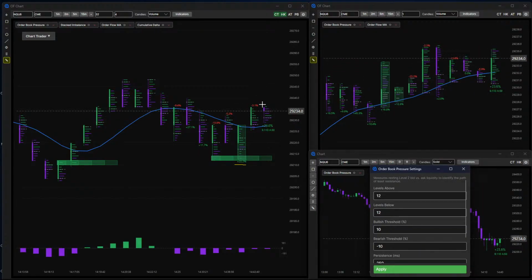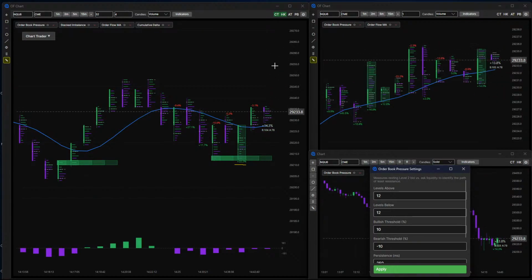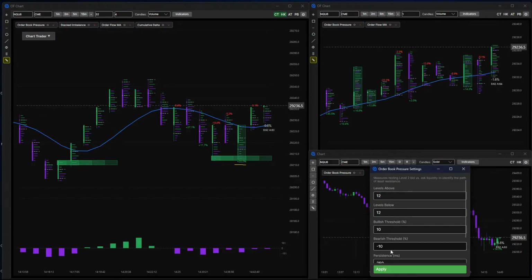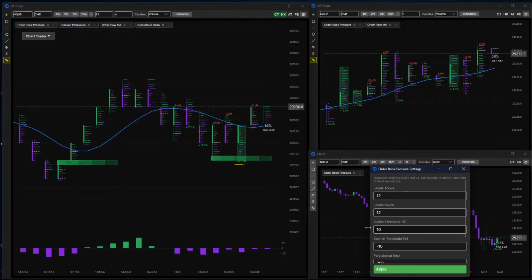So it's reading the level 2, 12 ticks up, summing up all the sellers. And then going 12 ticks down and summing up all the bids, all the buyers. Now the bullish threshold and bearish threshold is 10 and 10. You want to keep these the same, 12, 12, 10, 10.